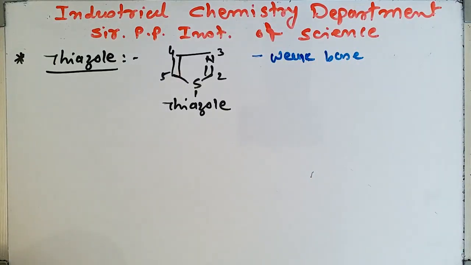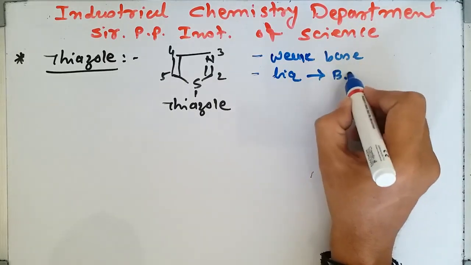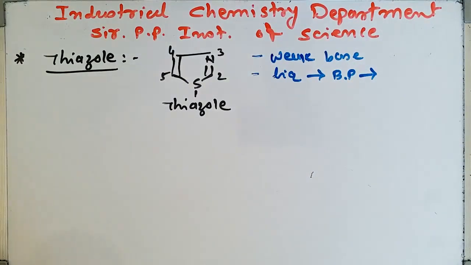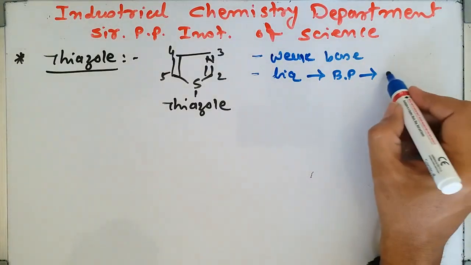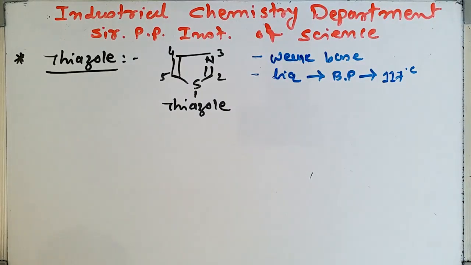It is in the form of a liquid, with a boiling point of 117 degrees Celsius. It possesses aromatic properties and is a very stable compound. So thiazole is a weak liquid base with aromatic properties, a very stable compound.